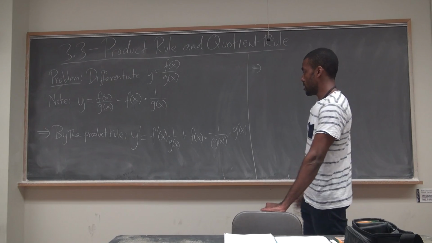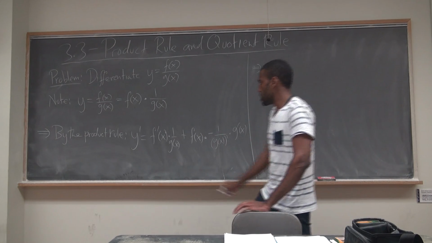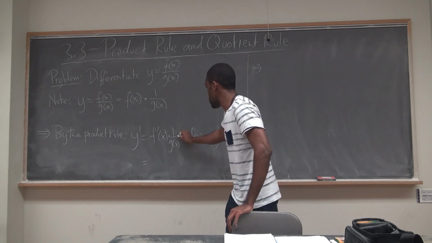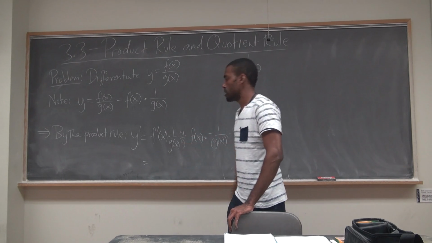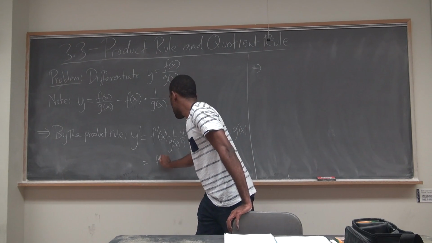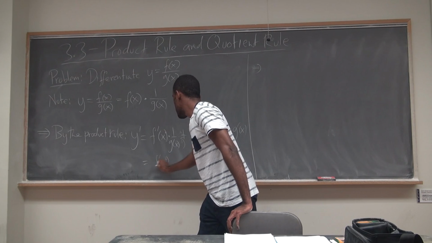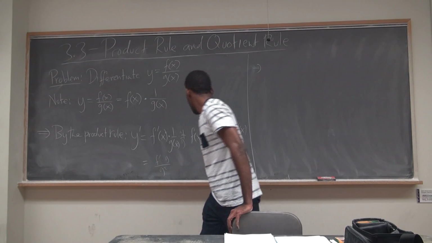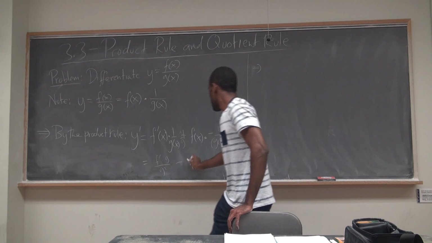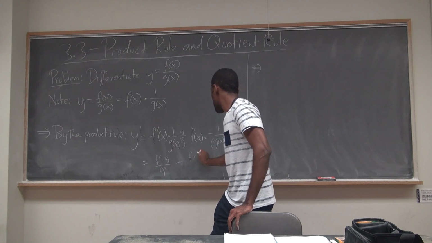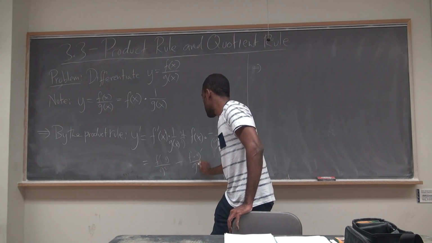In other words, I can actually create a common denominator and combine these fractions. I can multiply this by g over g. So I get f prime times g over g squared minus f times g prime over g squared.